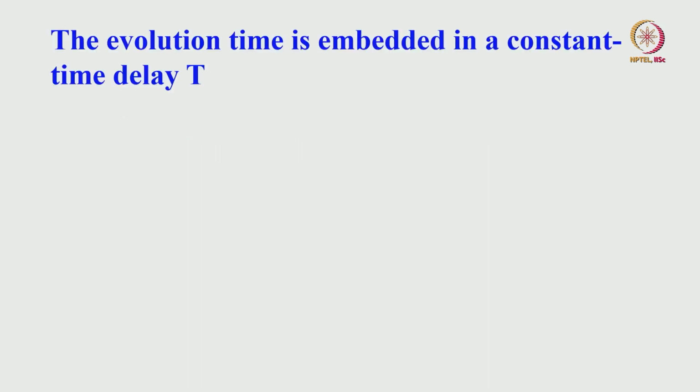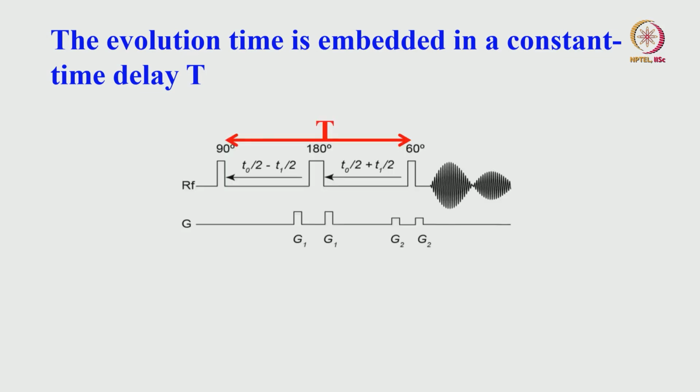In the constant time experiment, the evolution time is kept constant. In the 2D experiment I told you there is an evolution time and a detection time. The evolution time is always kept constant with a particular delay, let us say t. In between you apply a 180 pulse, like a spin echo. When you have a 180 pulse, homonuclear, chemical shifts get refocused and J will continue to evolve. But don't allow the J to evolve.